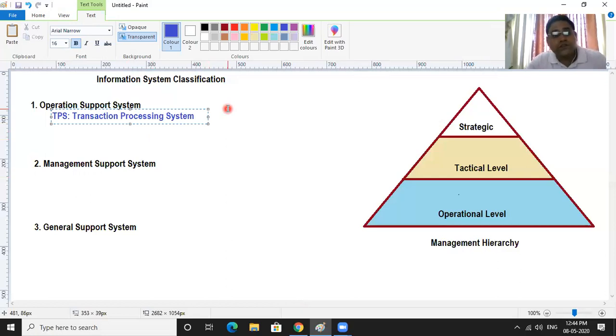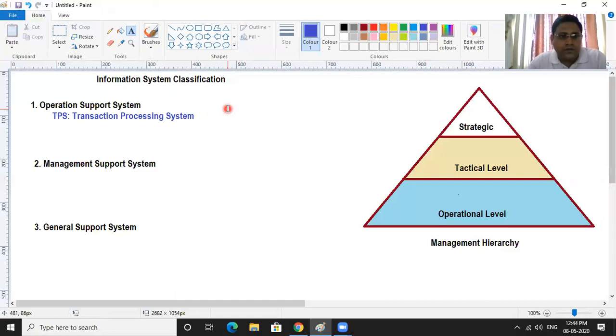Now, what is this transaction processing system? The very first question is, what is a transaction actually? Any running process is known as a transaction. Whenever any transaction takes place in an organization, the byproduct, that is data, comes out.